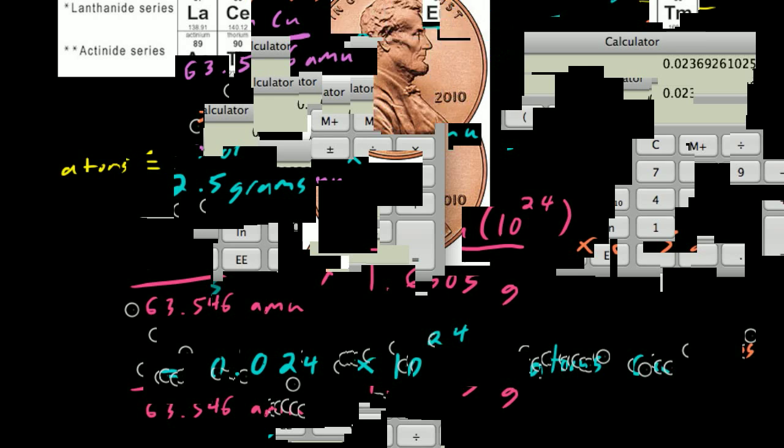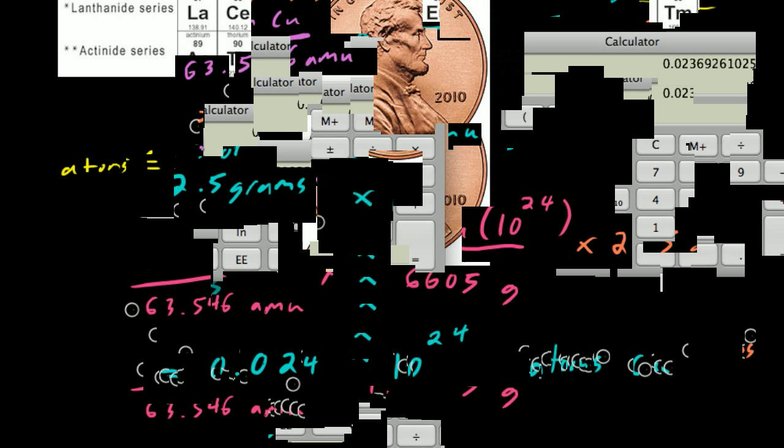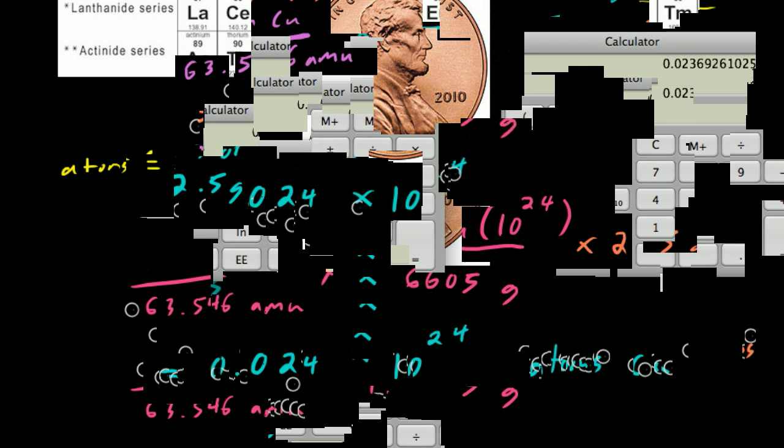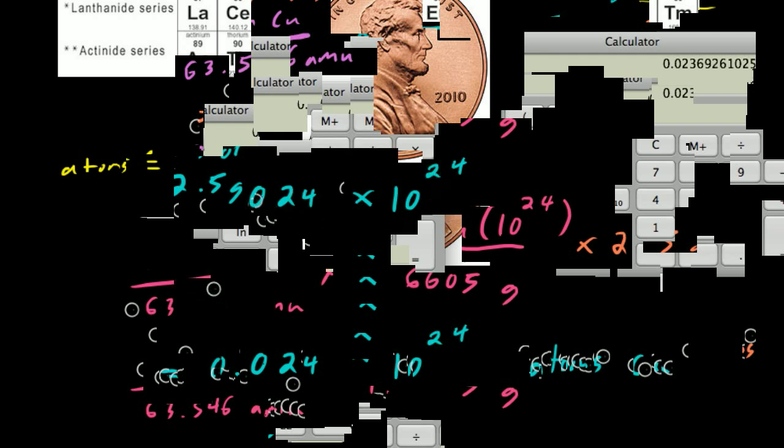And what's the last thing we can do just to make this look a little bit nicer? Well, we can move this decimal point over 2 spots. And then what are we going to do to our exponent? We're going to decrement it by 2. So this is going to be the same exact thing as 2.4, where we moved the decimal place over 2 spaces, times 10 to the 24th minus 2.